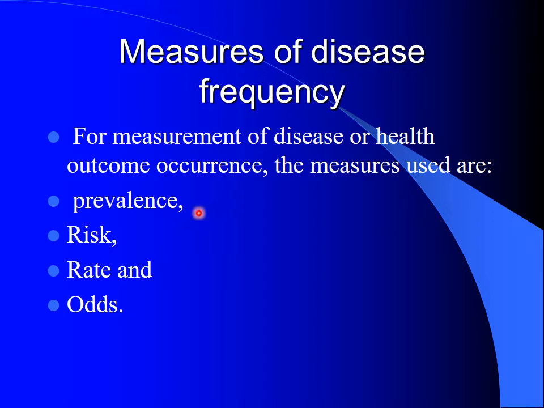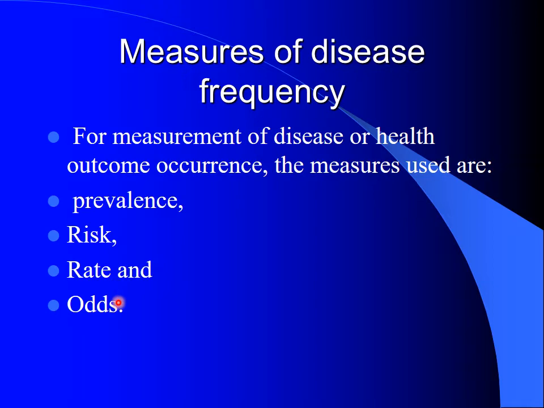Many of us are familiar with the prevalence of anemia in the community, prevalence of ARI. Risk and incidence are synonymously used. Rate is used for new disease only, but for a dynamic population.